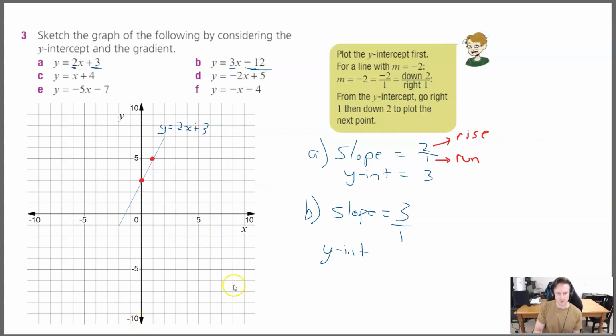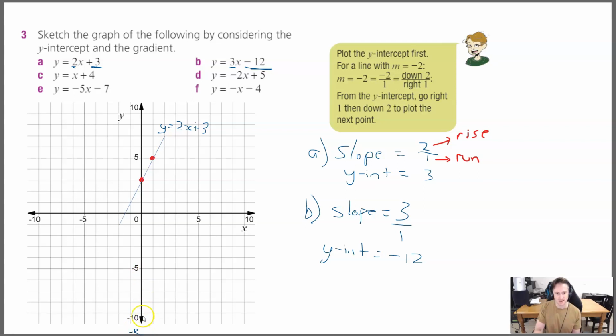If I was drawing this on paper, I'd have to do a bit of a reshuffle. I'm going to be a bit cheeky and say -12 is down here, because -10 is on here, so -11 and -12 would be here. You just imagine that line went a little bit further, and that's my -12.